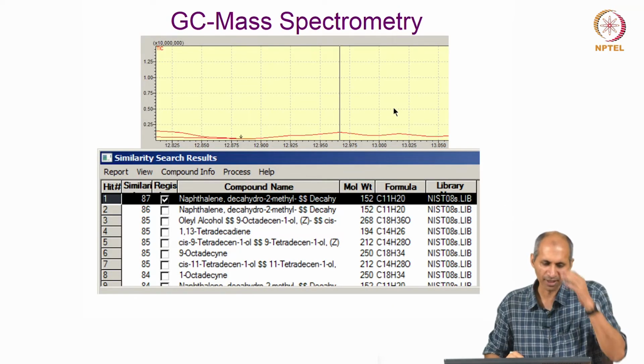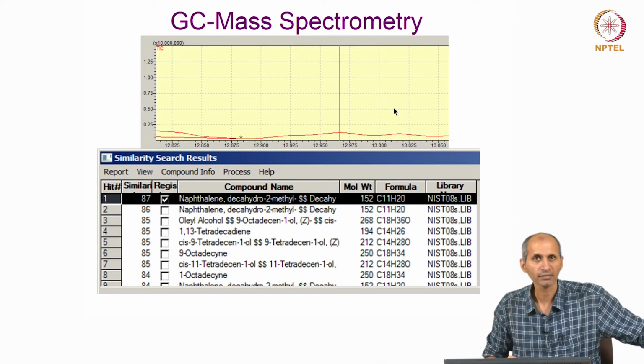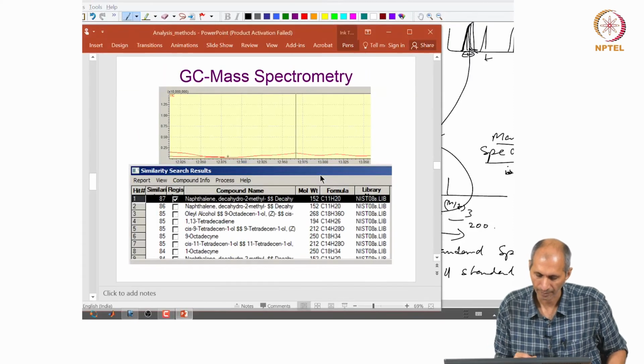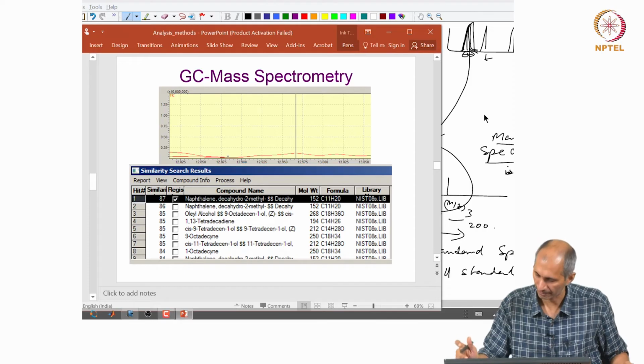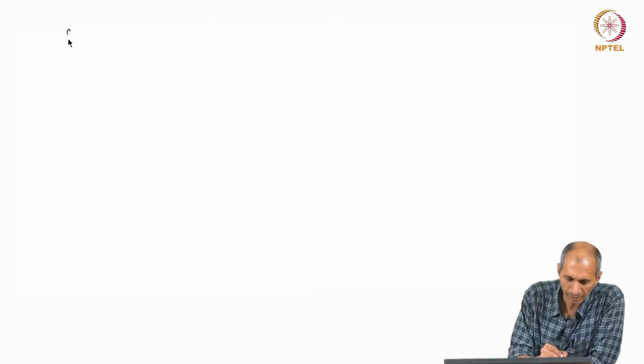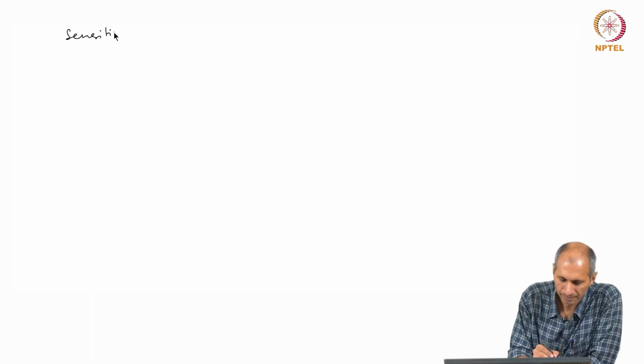So, now one of the things that we have seen is the goals in terms of sensitivity.